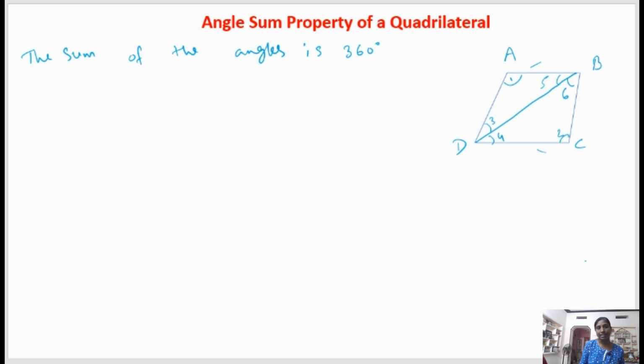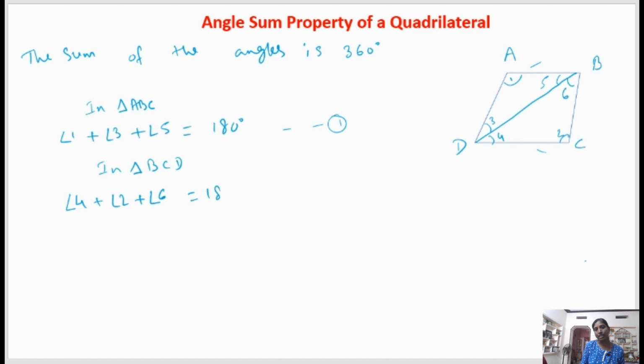So in triangle ABC, angle 1 plus angle 3 plus angle 5 is equal to 180, by angle sum property. Let's name it equation number 1. Now in triangle BCD, angle 4 plus angle 2 plus angle 6 is equal to also 180 degree. Clear? By angle sum property. Now it is equation number 2.